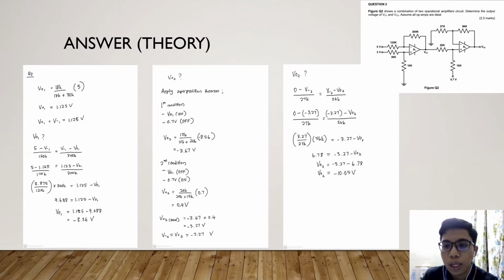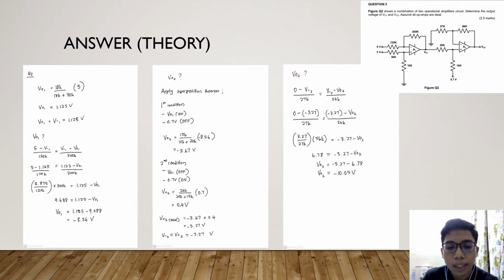Therefore, we have to apply Thevenin for the VTH for both voltage supplies. For the first condition, V out 1 is on and the 0.7 volt is off. So V plus 2 is equal to 15k over (15k plus 20k) times its voltage supply, which is negative 8.56 volt, and we get negative 3.67 volt.